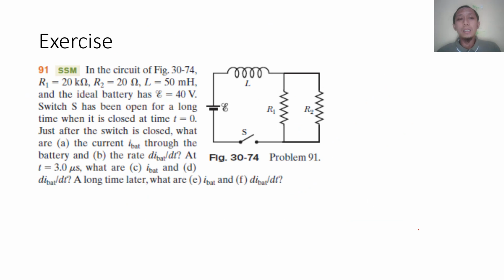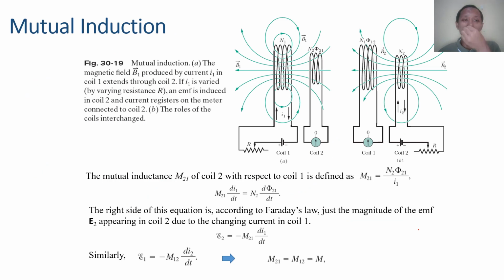And then the last topic is mutual induction. If we have two inductors like this, this is inductor 1 and this is inductor 2, the magnetic field produced in inductor 1 will induce to inductor 2.